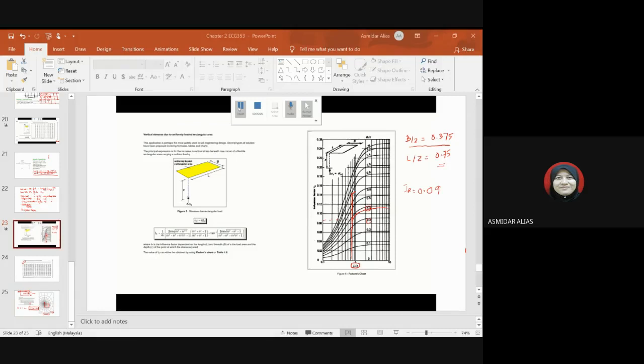Example 3 lagilah senang sebab dia adalah point load. Tapi tak senang manalah. You kena interpret dulu soalan ni. And then baru you boleh try untuk cari jawapan.